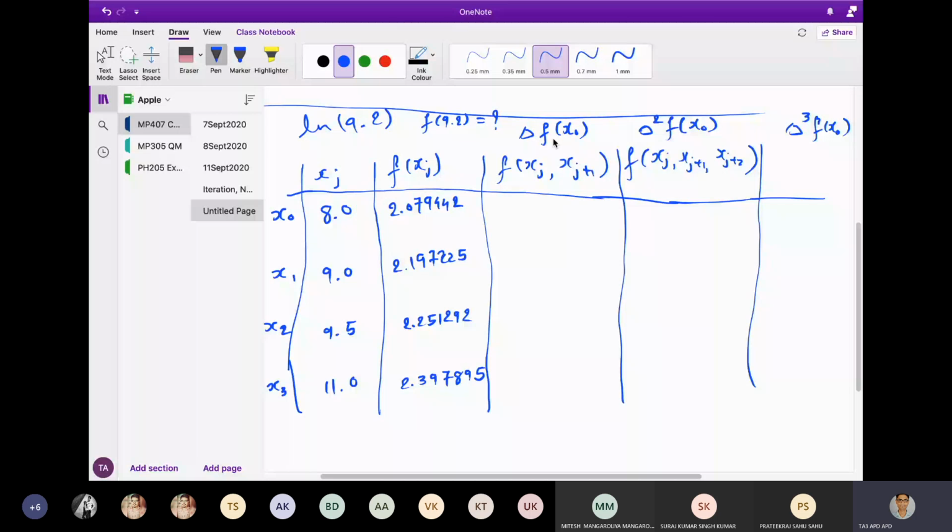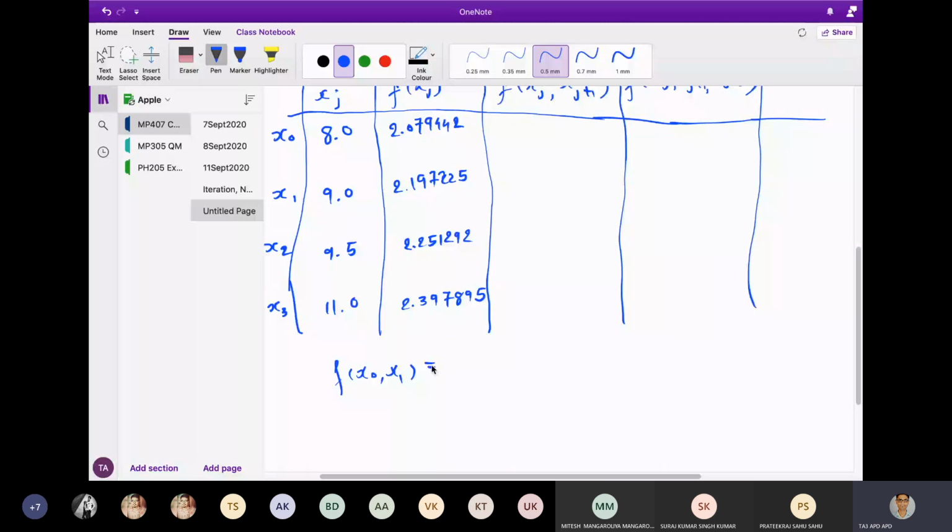So initially simply you take the difference of these two divided by difference of these two. So 2.1 f of x naught x1, or this is your delta f of xj. So f of xj is simply the difference of these two by these two.